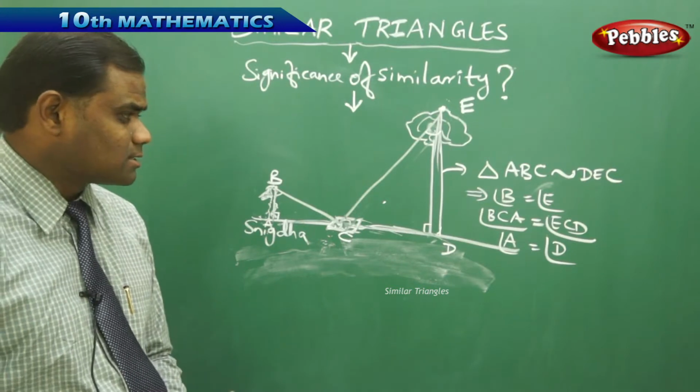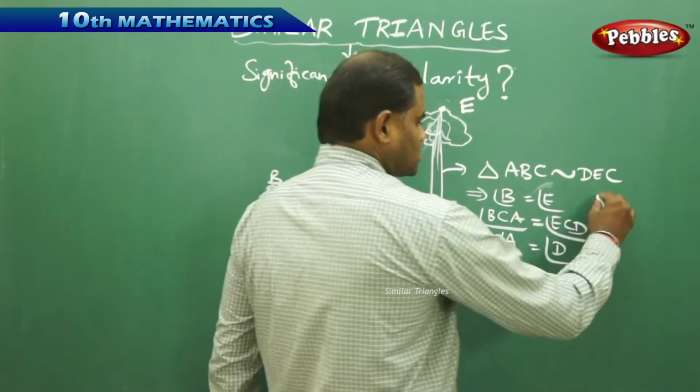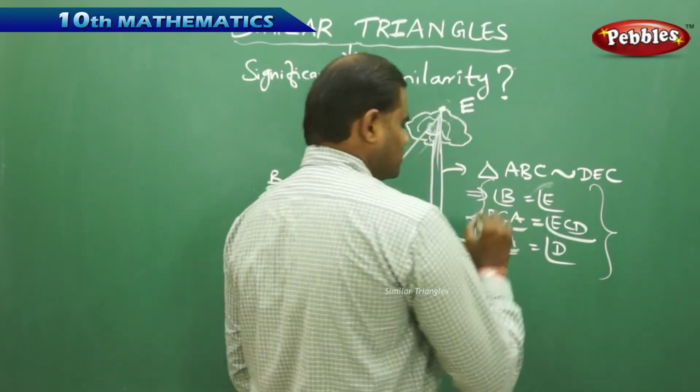So when two triangles are similar, their corresponding angles are the same, and not only that, their corresponding sides are also in the same ratio.